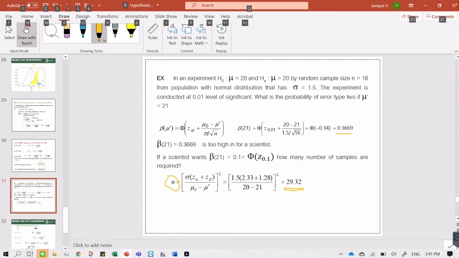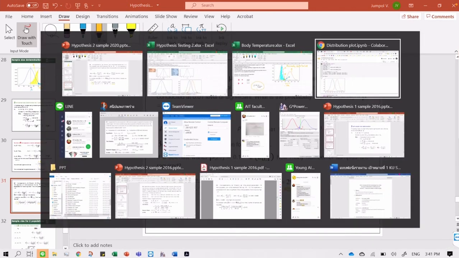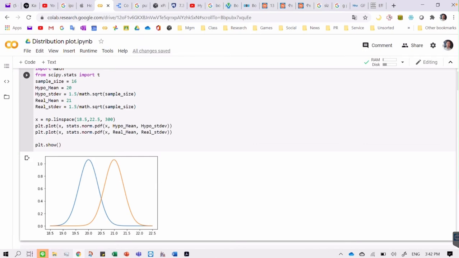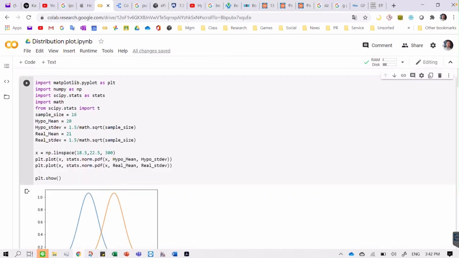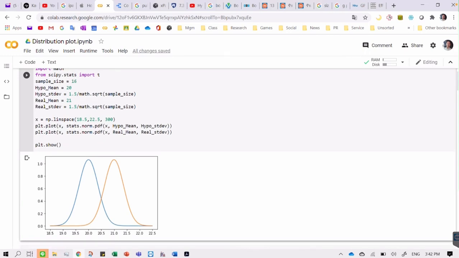So let's take a look at the graph here. I plotted the graph with a sample size of 16, the hypothesized mean of 20, and the standard deviation of the sample, which is going to be 1.5 divided by the square root of the sample size, so the square root of 16.